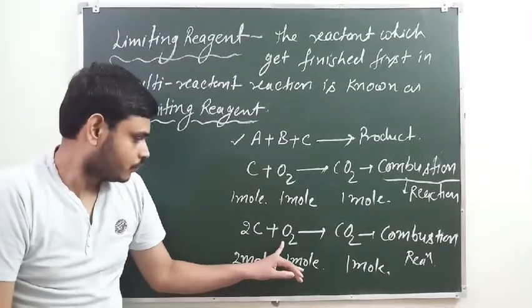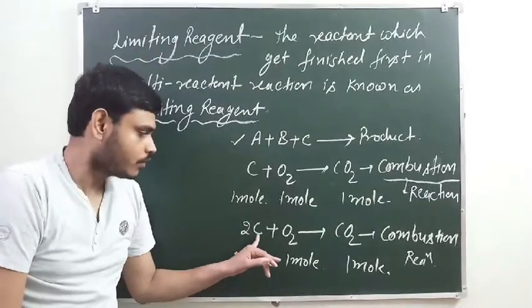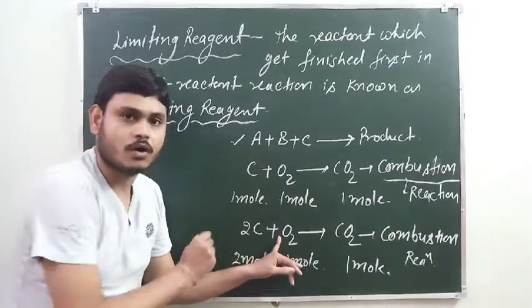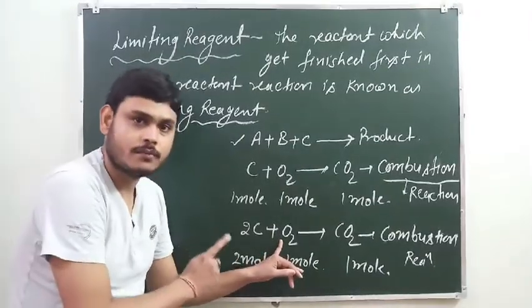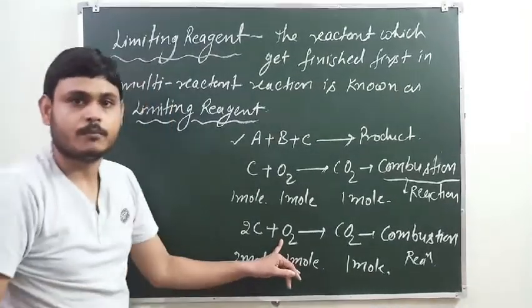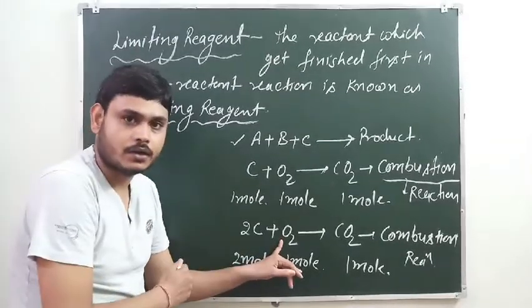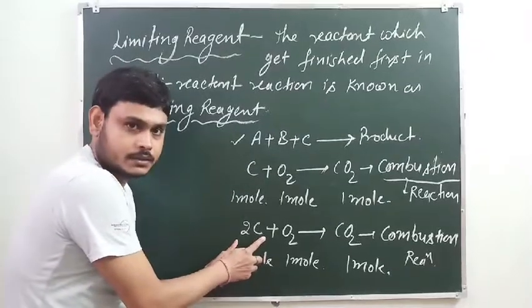Here, for the complete combustion of 2 moles of carbon, we require 2 moles of oxygen. But in the reaction, 1 mole of oxygen is given. So 1 more mole of oxygen is required for the complete combustion of 2 moles of carbon.